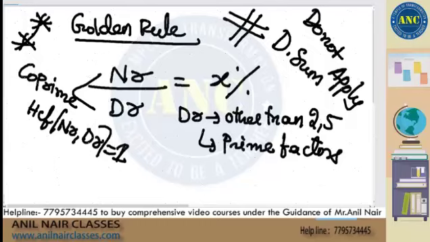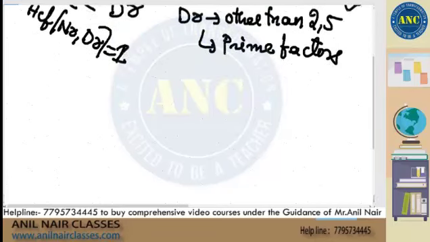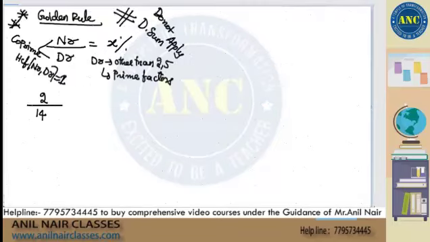No beta, Gagan, I will explain. Good doubt you have asked. Suppose if it is 14 and 2, 2 by 14. I said they both should be co-prime to each other. It is 1 by 7.